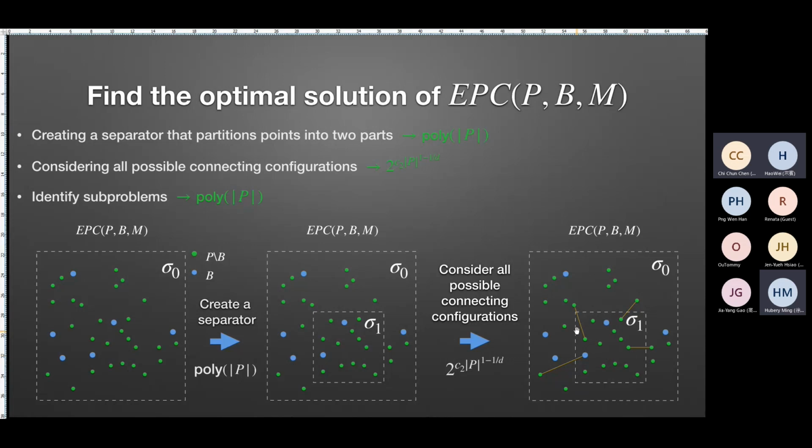That means we have to consider all of the possible sets of segments crossing the separator, and this number could be bounded by the separator theorem by a sub-exponential factor. The third step is to identify the subproblems, one for inside and the other for outside of the separator, and it also takes polynomial time.